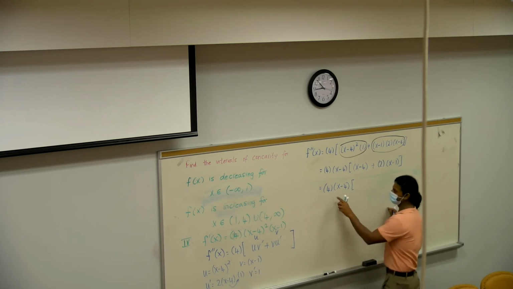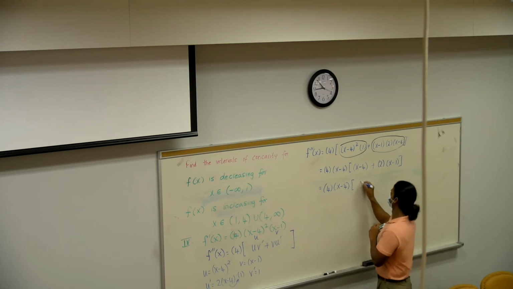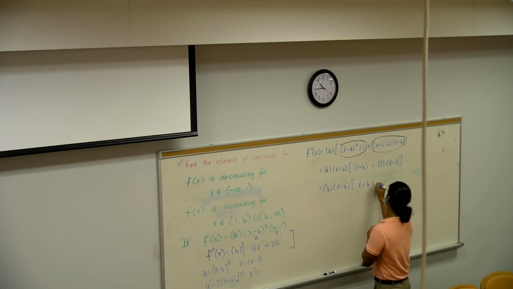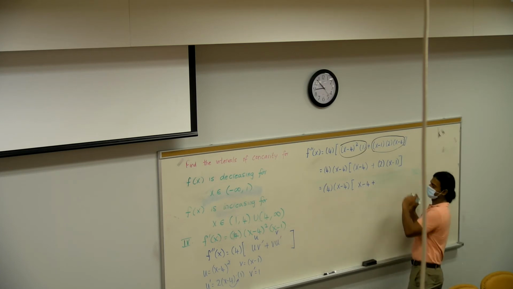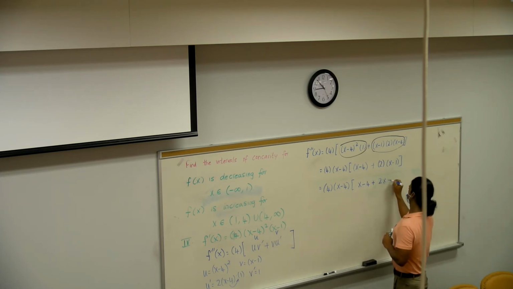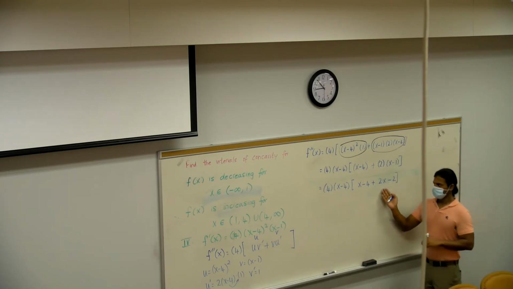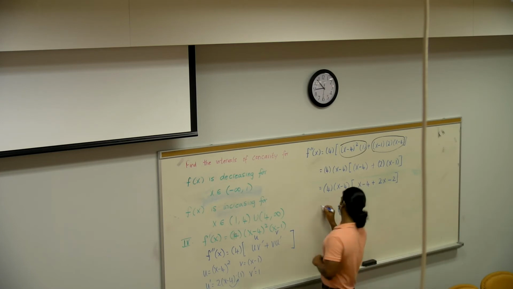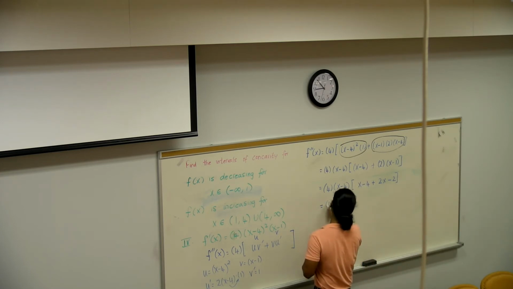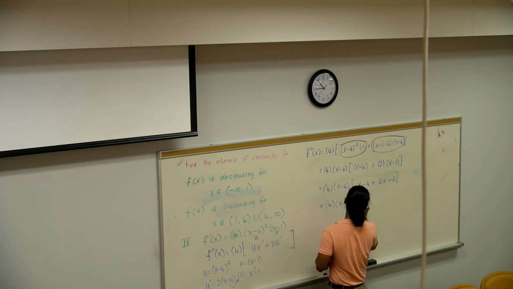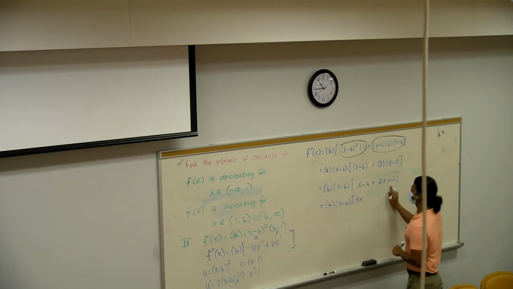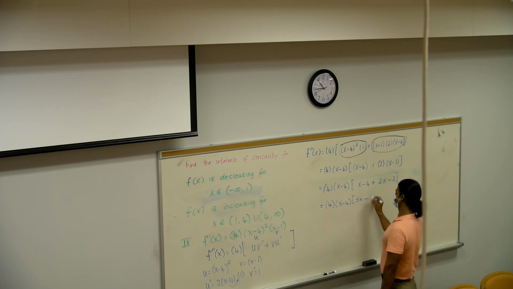So we have 4 times x minus 4, x minus 4 plus 2x minus 2. 2x plus x is 3x. Negative 4, negative 2 is negative 6.